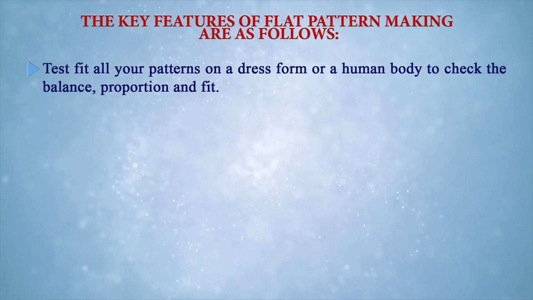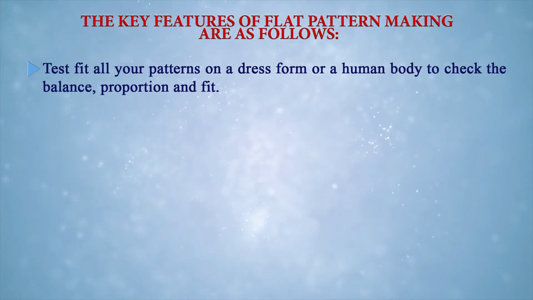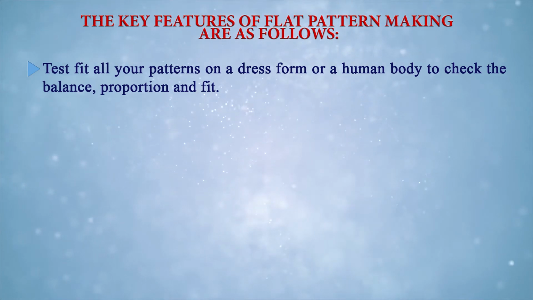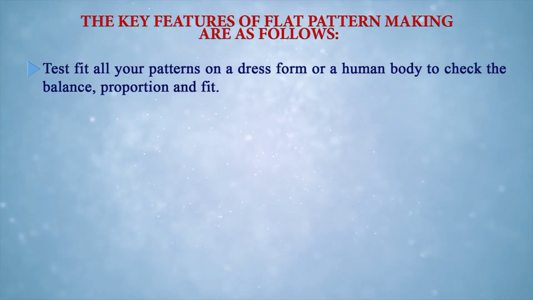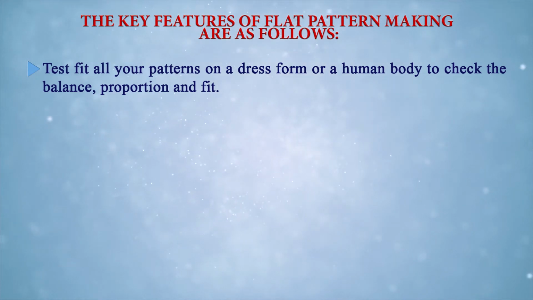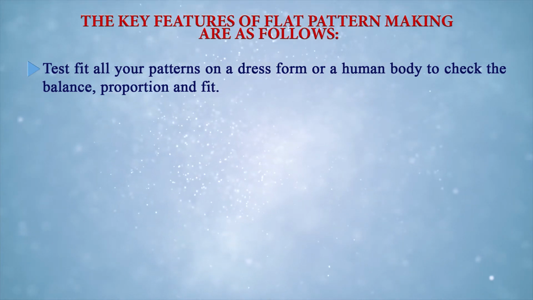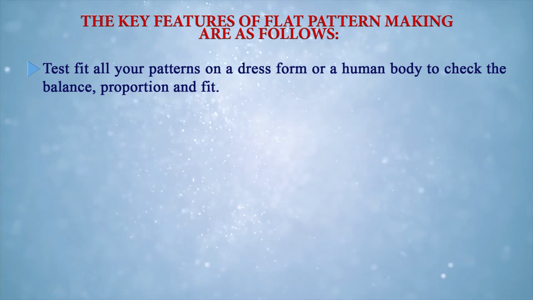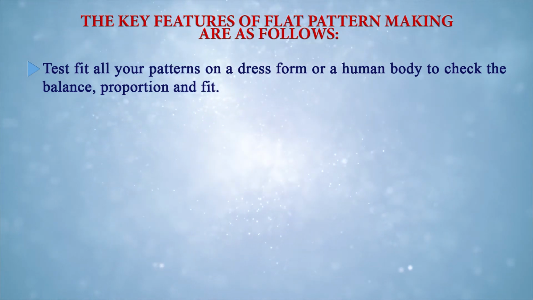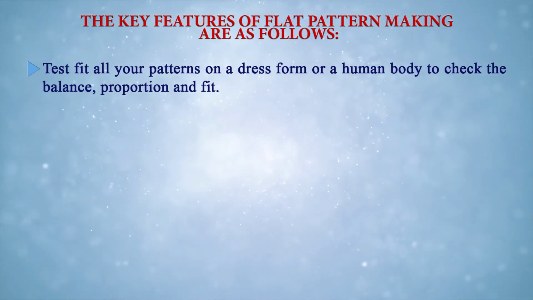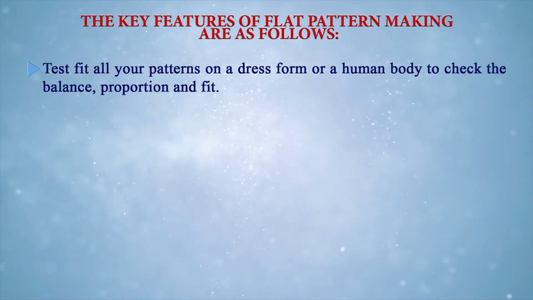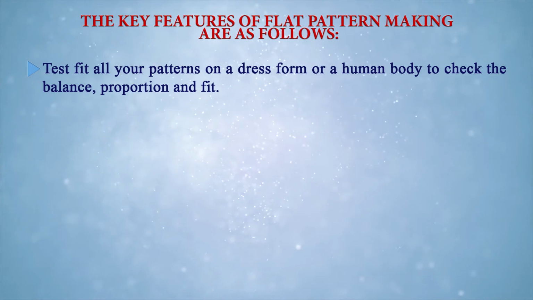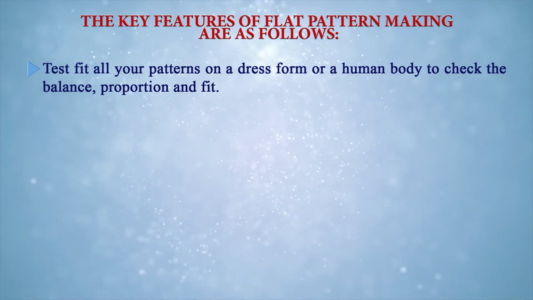What this means is, when we have developed the basic sloper pattern, we make a test garment which is not in the final fabric for which we are making the design. We make a test garment of muslin cloth, a test-fit garment, and give it a human trial to check the proportion, fit and balance of the particular design.